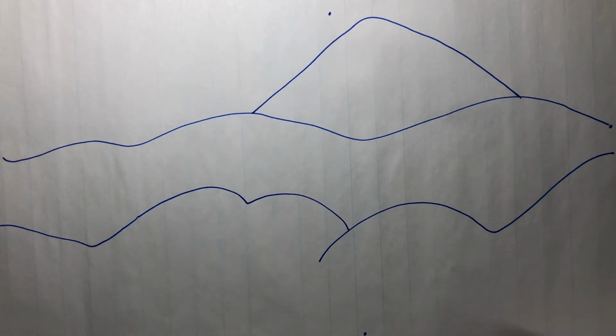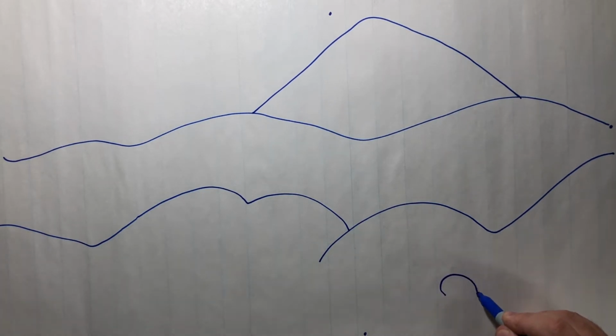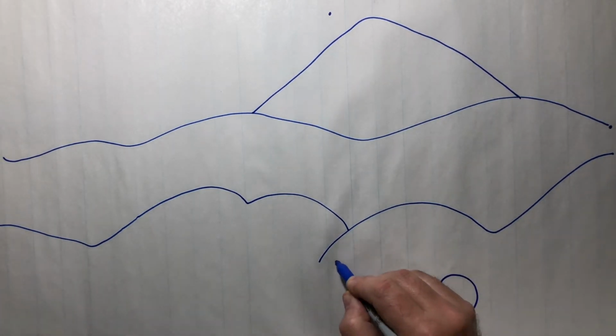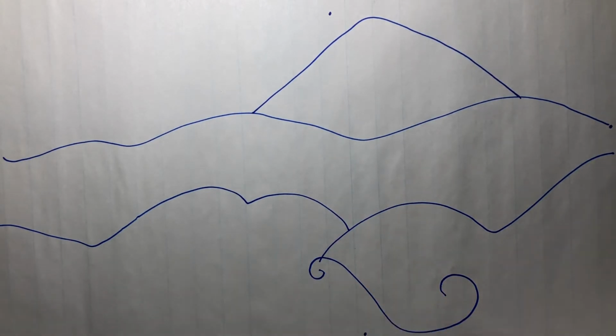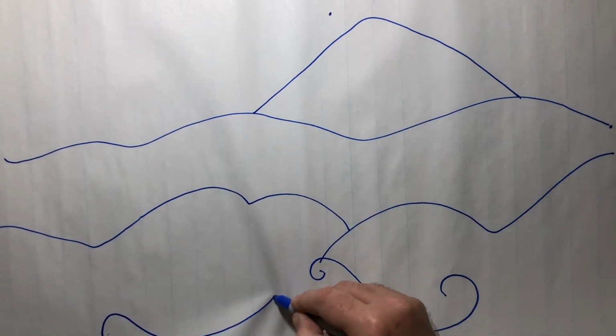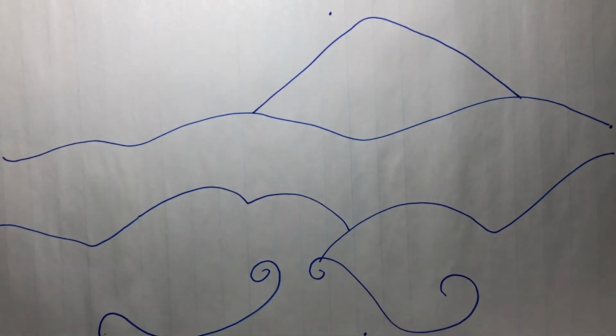I'm going to draw a swirly line. So I'm going to start with a swirl. And I might do another one this way. A swirly line that way.